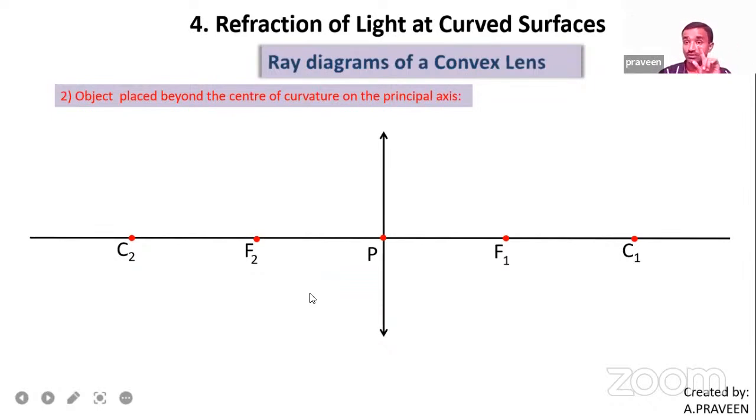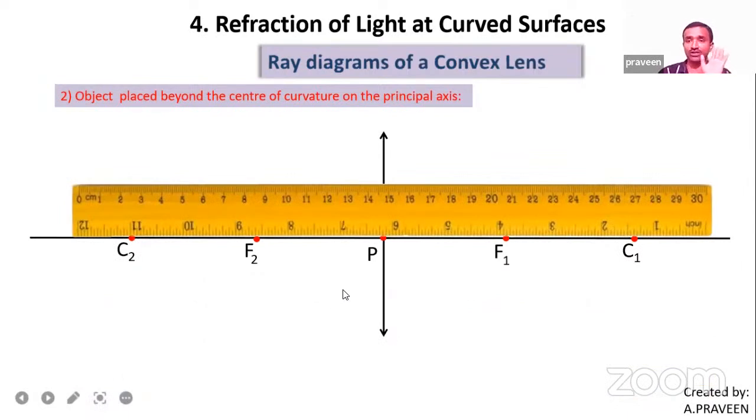Don't get confused, as I explained at the beginning of this video, right? So the object is placed exactly equal to the width of the scale. For drawing the object also, use this logic. I simply place my scale above the principal axis, coinciding with the principal axis and above. As you see on the screen, draw the object beyond the center, equal to the width of the scale. So this is the object for us.